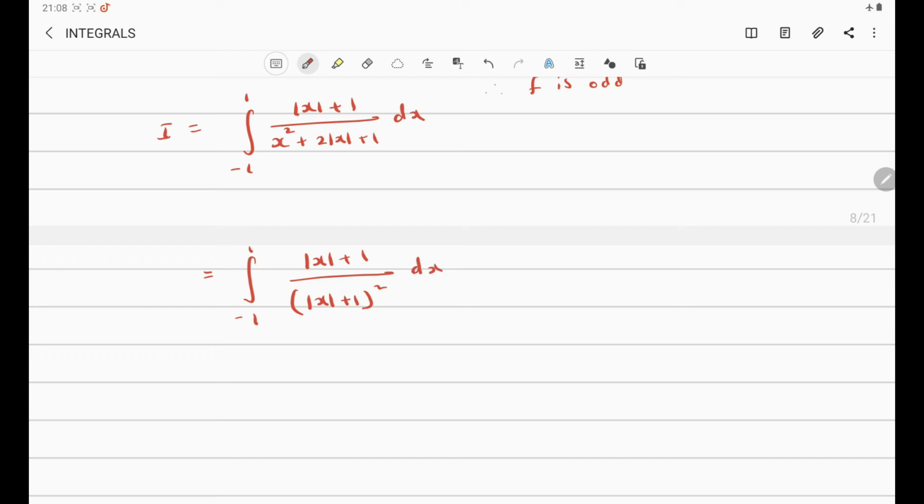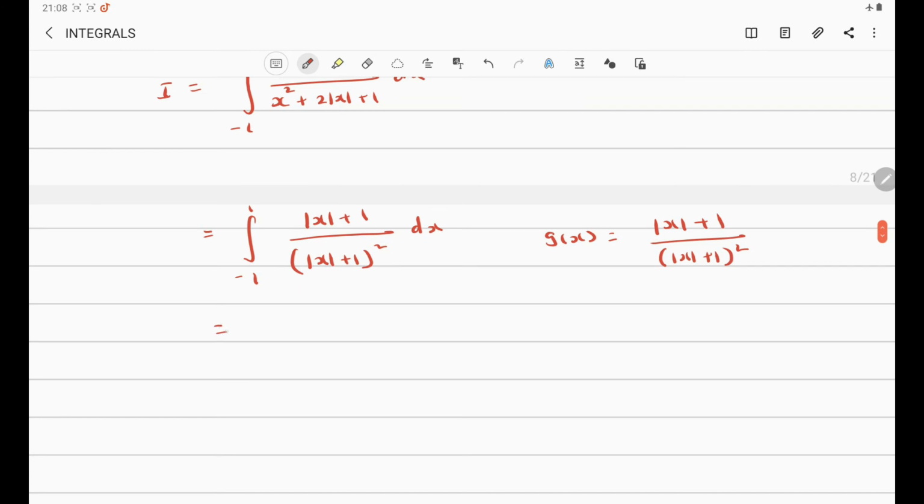So, consider the function g of x equal to modulus of x plus 1 by (modulus of x plus 1) whole square. Then g of minus x is modulus of minus x plus 1 by (modulus of minus x plus 1) whole square, which is again equal to g of x, because modulus of minus x is again modulus of x. So we get the same function, which means g of x is an even function.